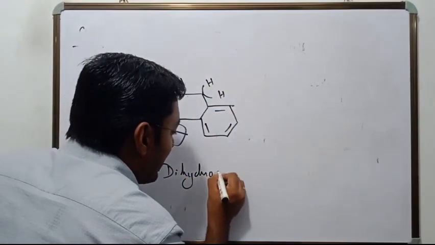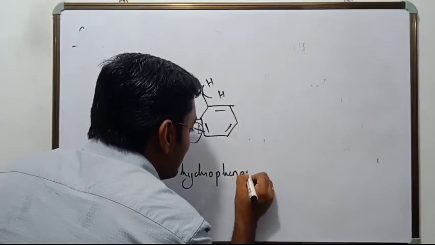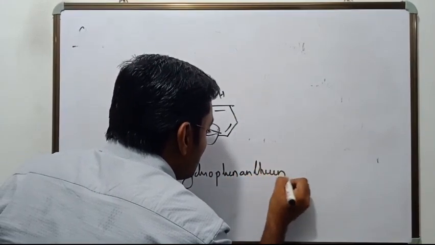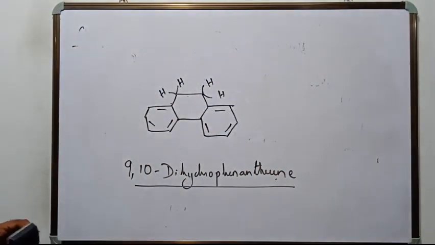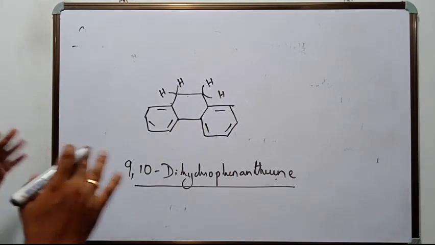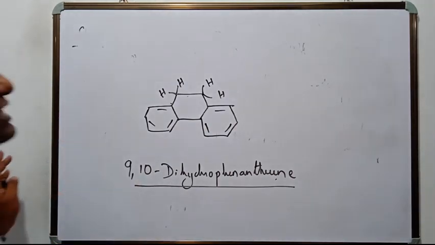If you ask me what is the use of 9,10-dihydrophenanthrene, I would say that presently there is no use, but in future we are expecting. Why we are expecting is that it has got a range of biological activity.